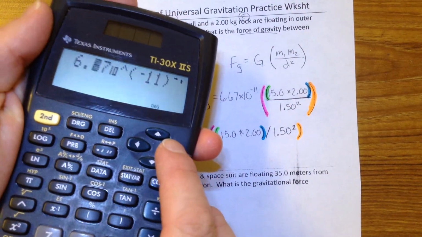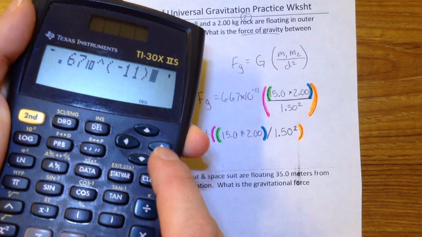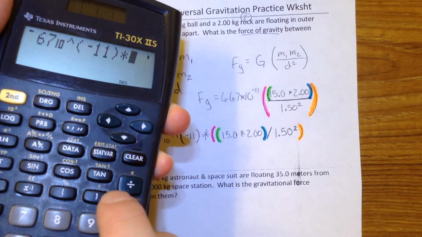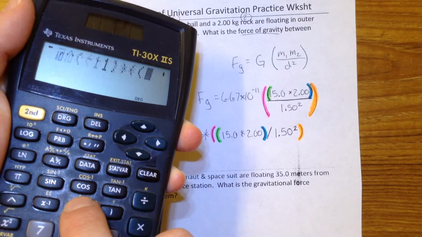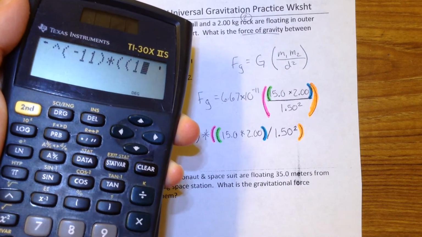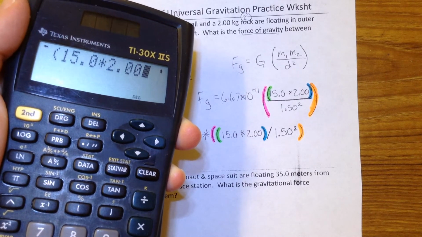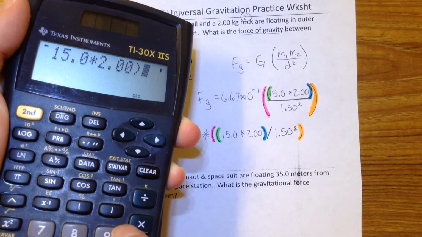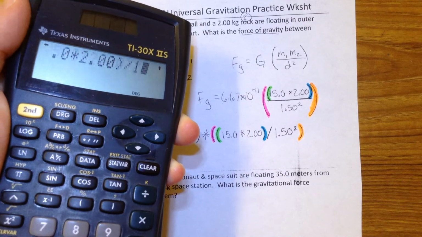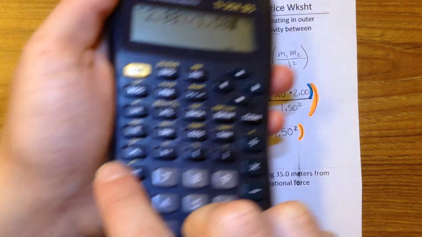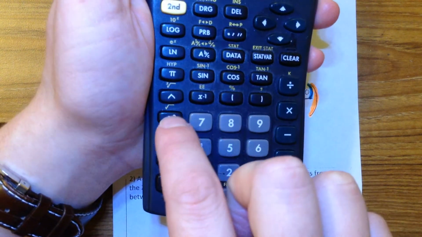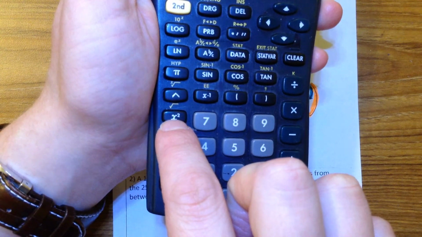Okay? 6.67 times 10 to the negative 11 multiplied by, then double left parentheses, 15.0 multiplied by 2.00, close parentheses, divide 1.50 squared. Now the squared, guys, it's a button next to the 7 that says X with the 2.